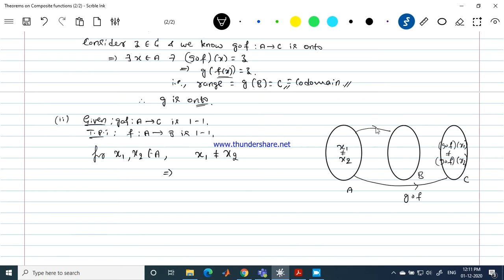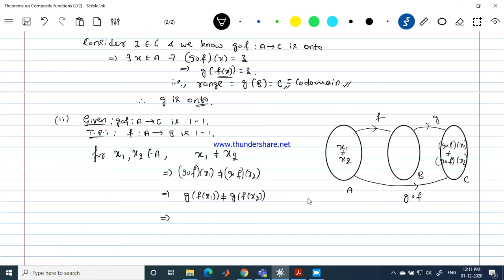As f is a function from A to B, g is a function from B to C, and since x1 is not equal to x2, their images are different under the function f composition g. That is, f composition g of x1 is not equal to f composition g of x2. So this proves g of f of x1 is not equal to g of f of x2.